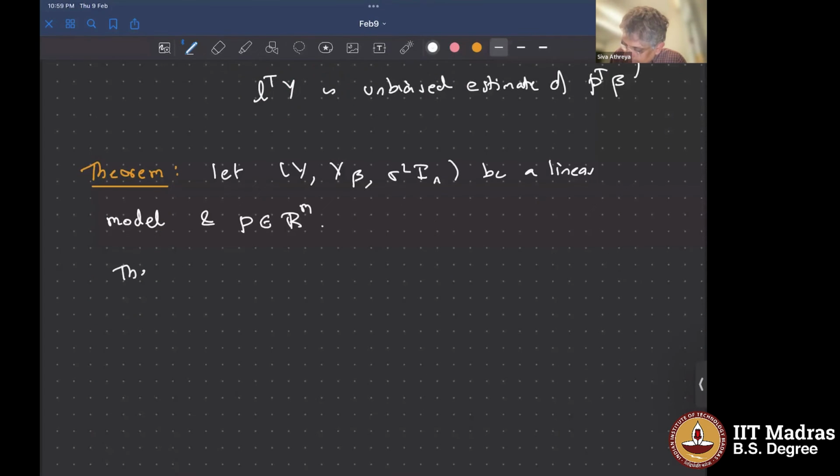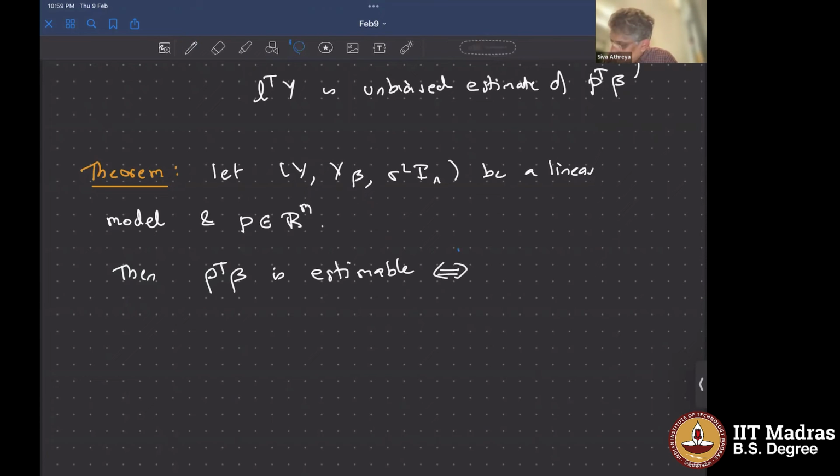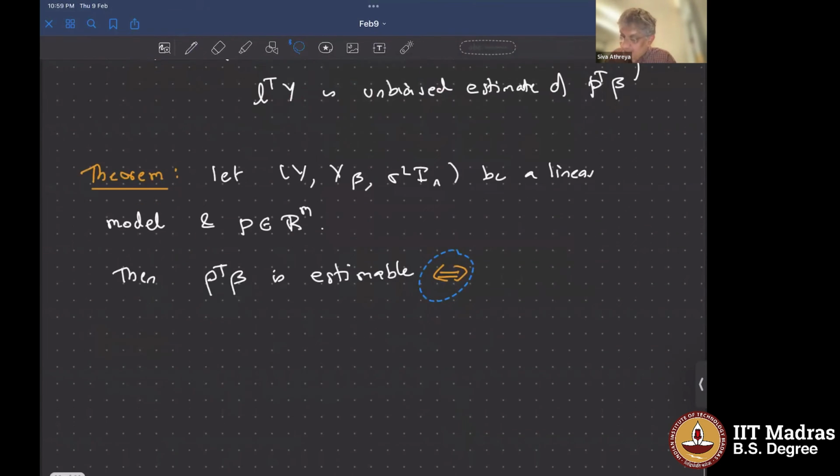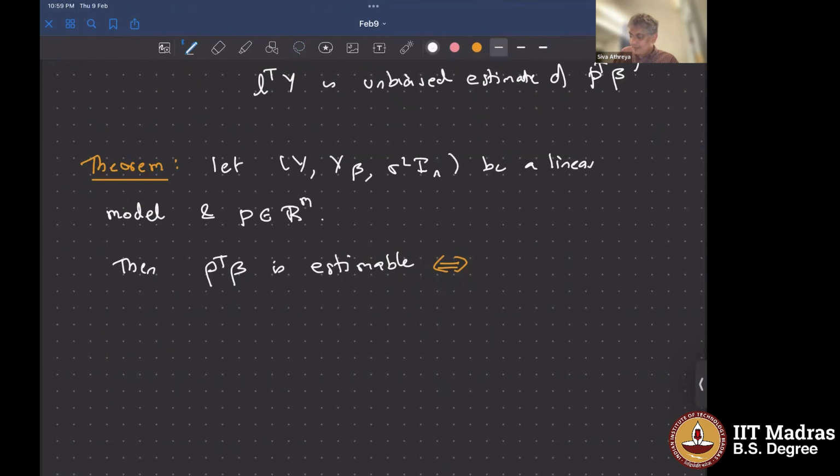Then P transpose beta is estimable if and only if, and this is very important. What's the definition of estimable? There's a vector L such that L transpose Y is an unbiased estimator of P transpose beta. But the condition is a linear algebra condition: P transpose beta is estimable if and only if P is in the column space of X transpose.